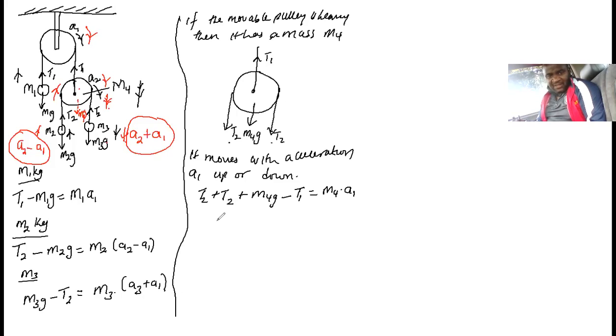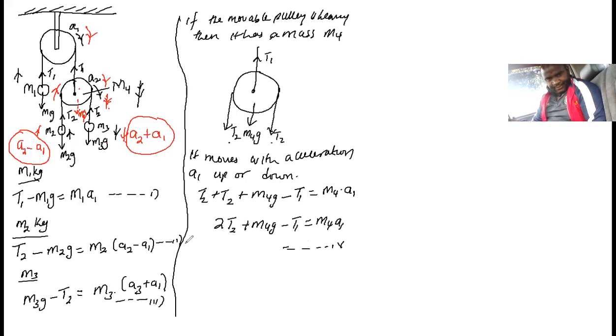So it is from here that the formula becomes 2T2 plus M4G minus T1 is equal to M4A1. So this was equation 1. This is equation 2. This is equation 3. Then we have equation 4.